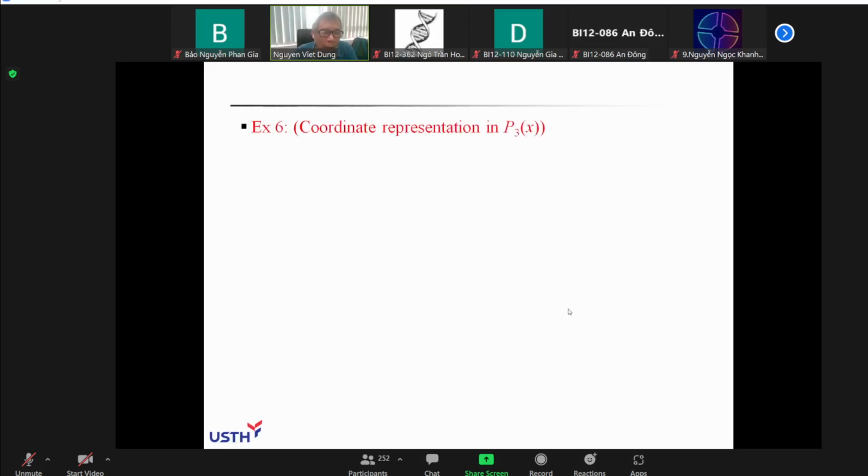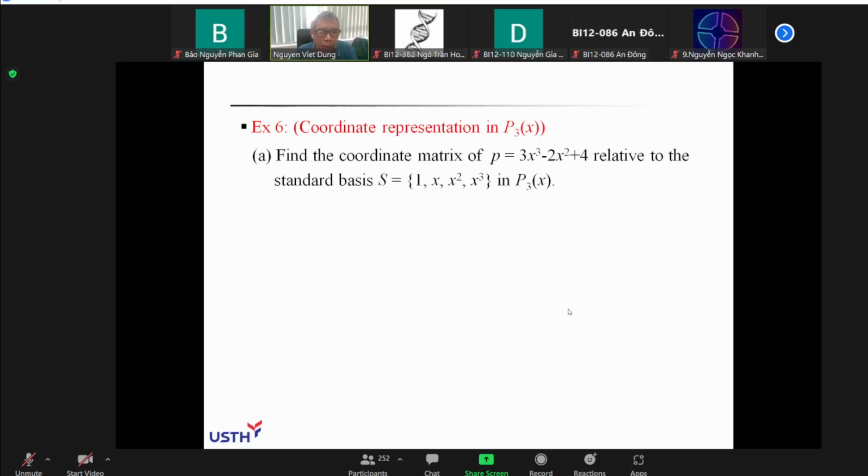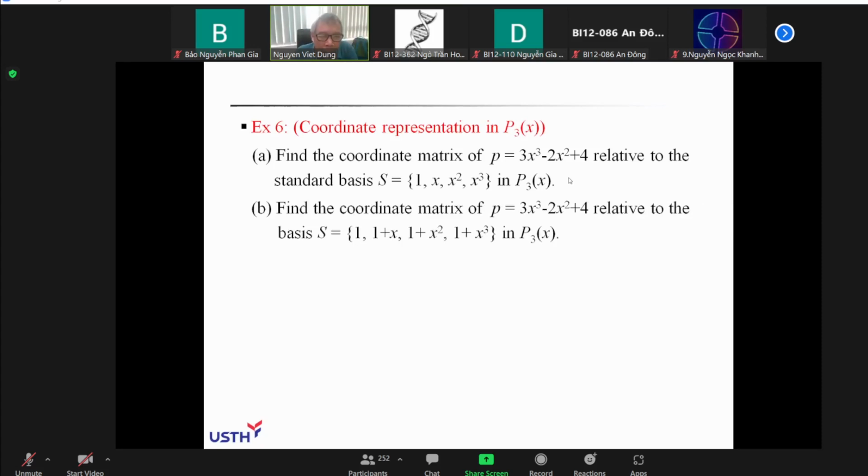And the next one is to give you some examples. Once again, we look back at the space of all polynomials of degree less than or equal to 3. You need to find the coordinate of that element in the standard basis.